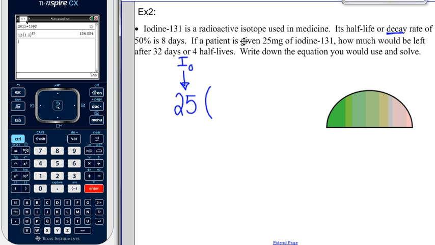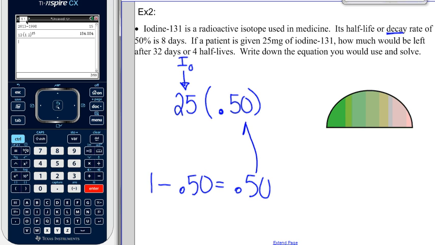We're always going to lose 50%. So if we do our whole minus 50%, we know we're still going to have 50% left. So that's what goes here. It says its half-life is 8 days, and we want to know how much is left after 32 days, which is 4 half-lives. It's only going to lose 50% after 1 half-life.